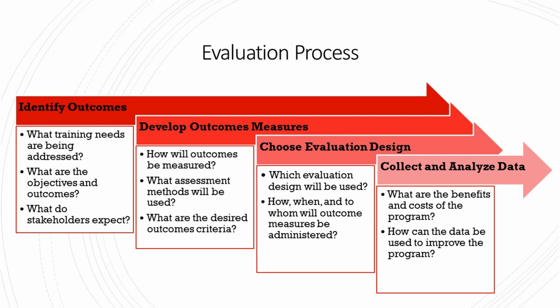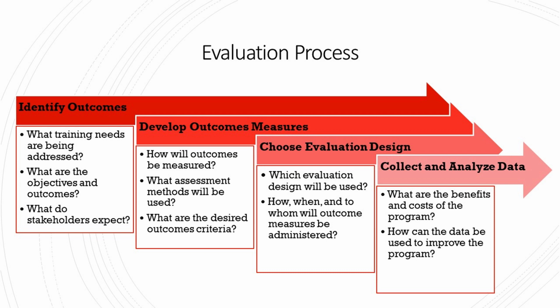We need to make sure that our measurement tools are relevant, reliable, practical, and fair. Third, we choose an evaluation design that is appropriate for our training situation, including our budget. This decision involves how and when the measures will be administered and who will participate.